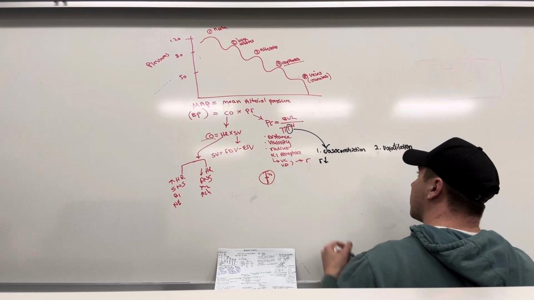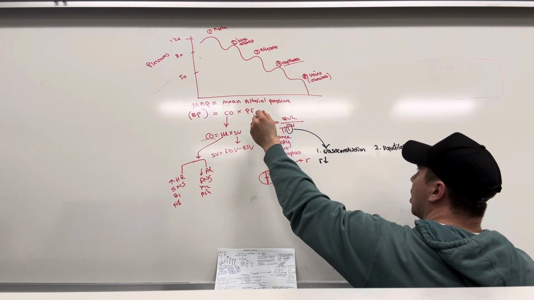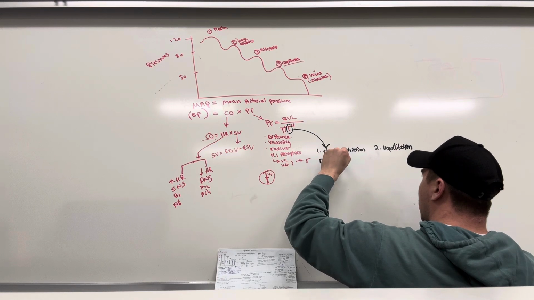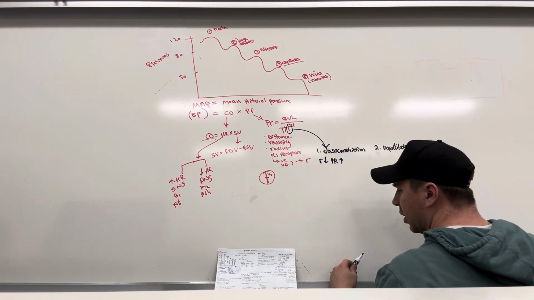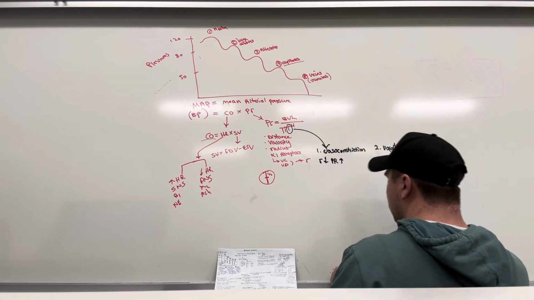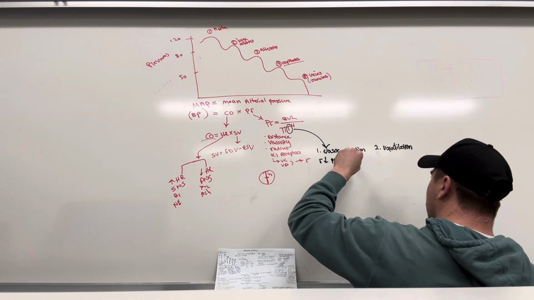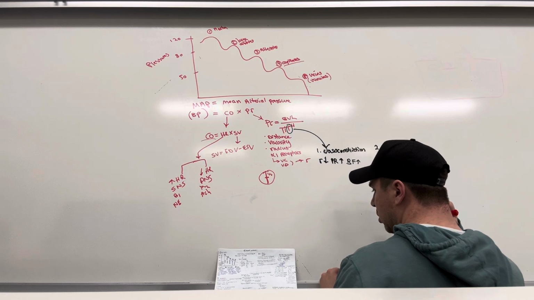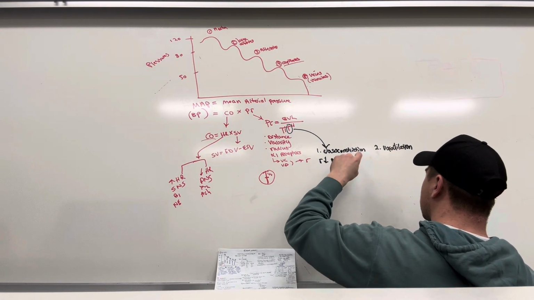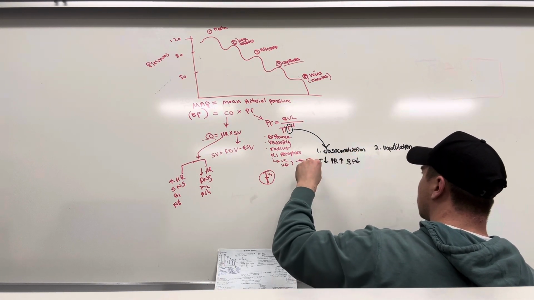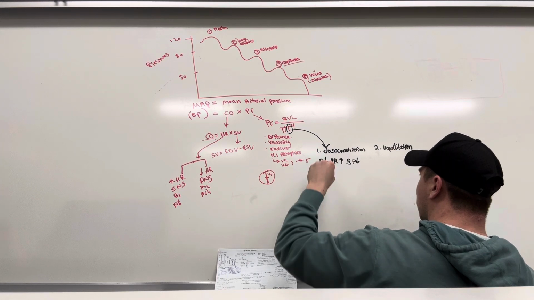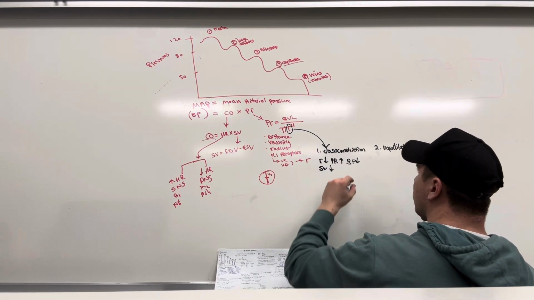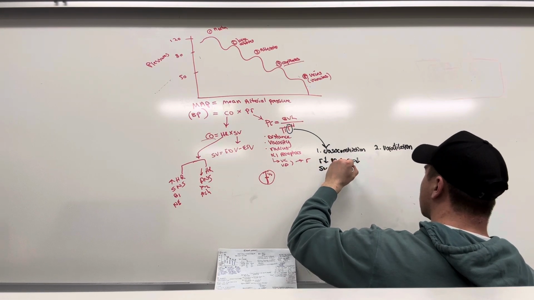If our radius goes down, then our peripheral resistance will go up because it will be a bigger number, which means our blood flow will decrease, which means our stroke volume will decrease, which means we'll have to correct it by increasing our heart rate.